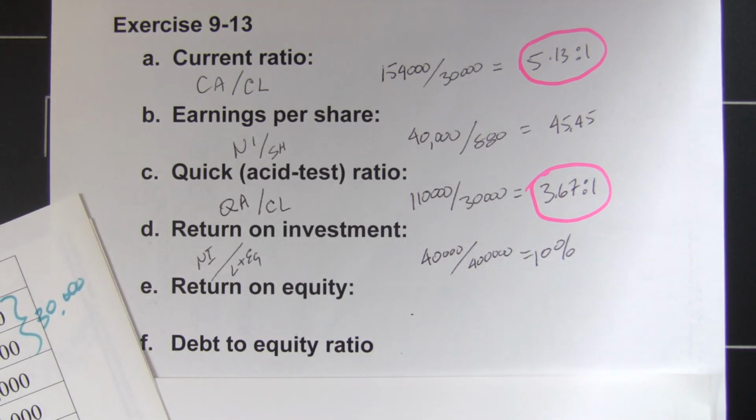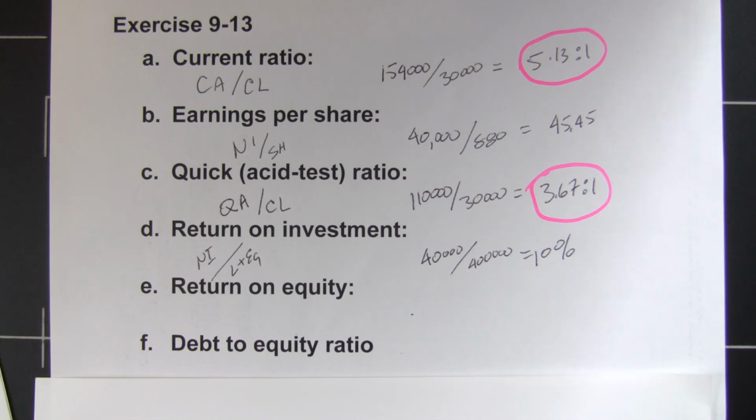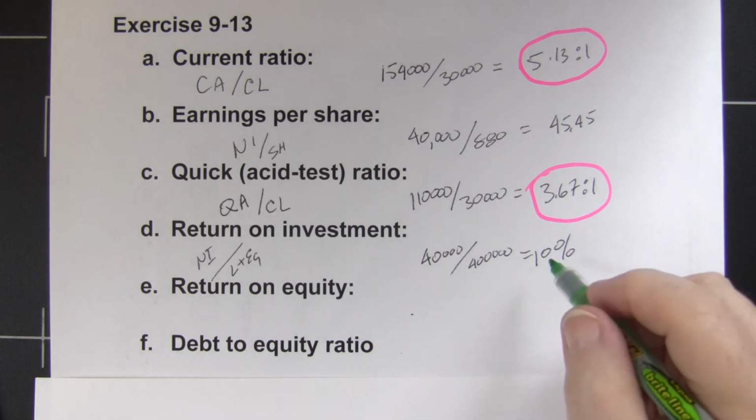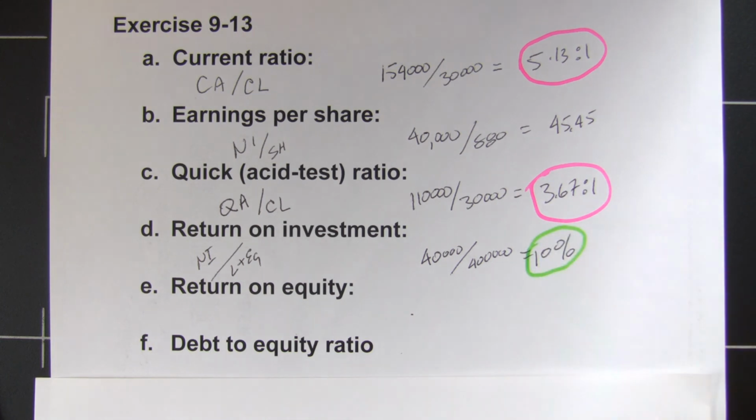So we can go to the people who provided our capital, our lenders and our investors, and say, we're using your money and we are returning 10% on each dollar that you have entrusted to our company. That could be very good, that could be very bad, it could be spot on. Again, remember, go to every tent in the bazaar. Don't look at just one number.